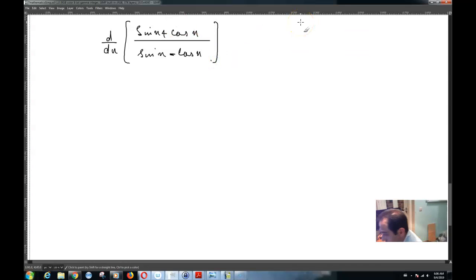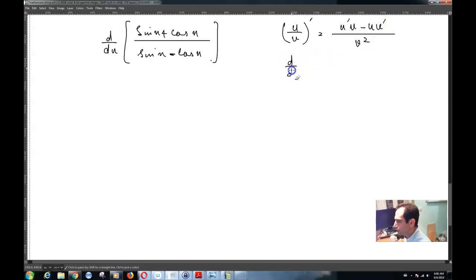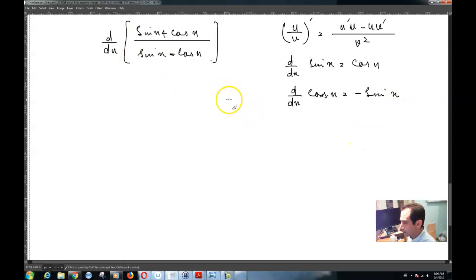You know that u divided by v whole prime is equal to u prime times v minus u v prime over v squared. d by dx of sin x is equal to cos x, d by dx of cos x is equal to negative sin x, and that's all that you need to know here.